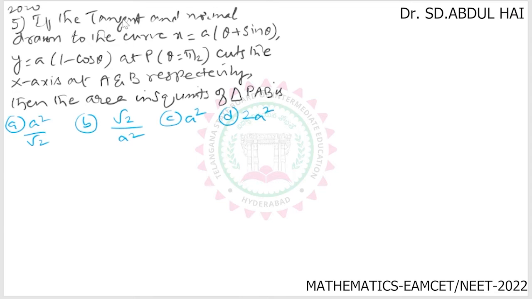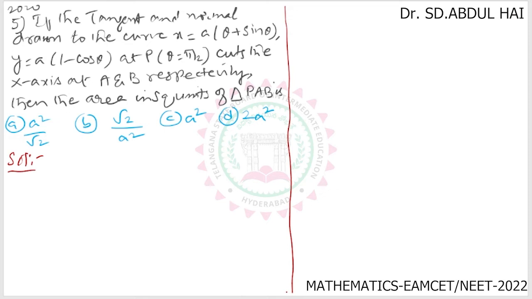Okay, now write down the solution. So what he is asking is the tangent and normal drawn to the curve. Two curves are given, again in terms of theta, so we have to follow parametric differentiation. We have to find the value of dy by dx, and after finding it, we have to find the slope of the tangent and normal at the point theta equals pi by 2.